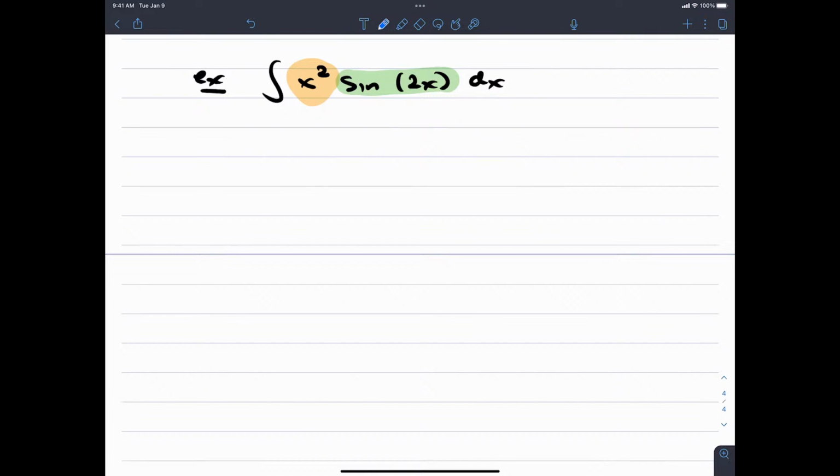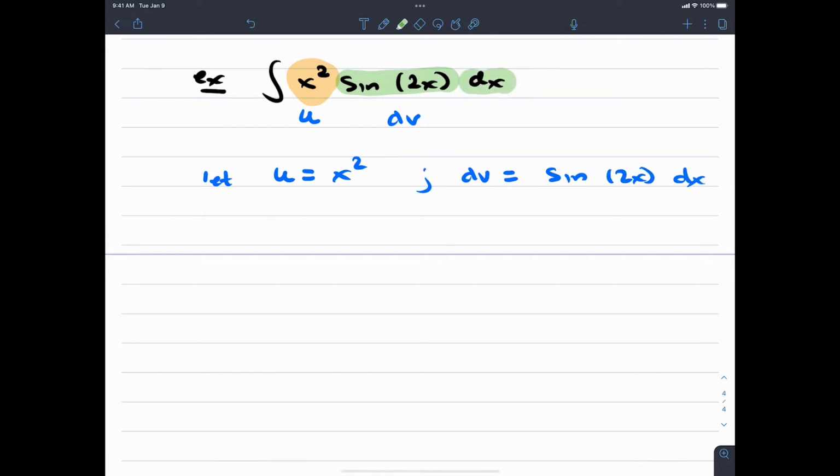So what does that mean u has to be here then? What's a good starting point? We're going to let this be u, and this whole thing's going to be my what? dv. You say, okay, u is going to be x squared here. The dv is sine 2x, but don't forget, you need to bring along what? The dx. That's absolute, because that equation has to make sense.